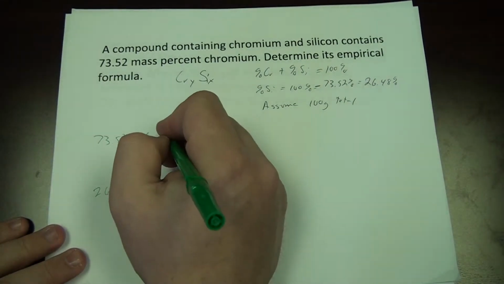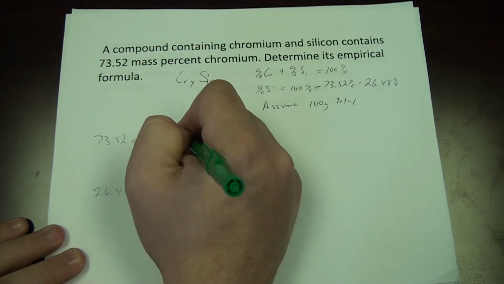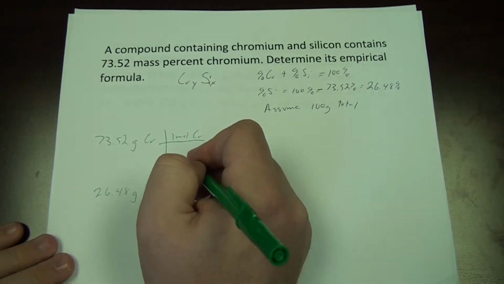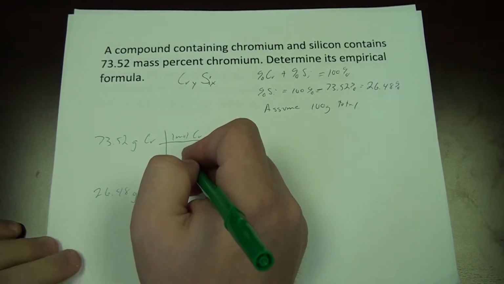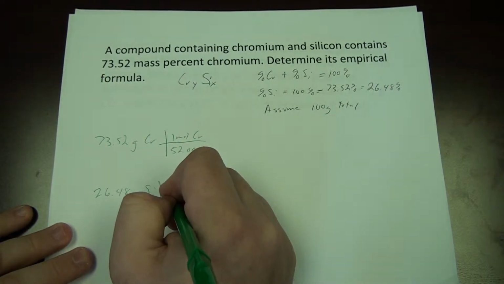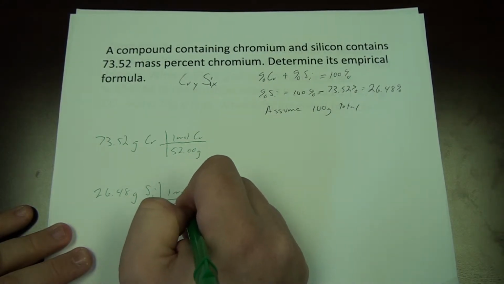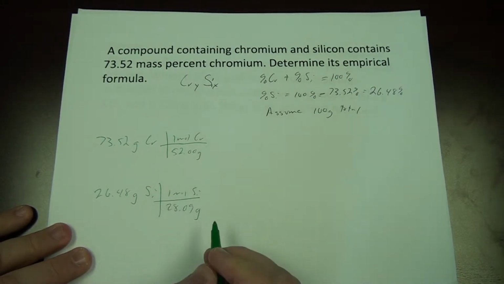Again, we're going to convert to moles. So 1 mole of chromium from the periodic table is 52.00 grams, and 1 mole of silicon from the periodic table is 28.09 grams.